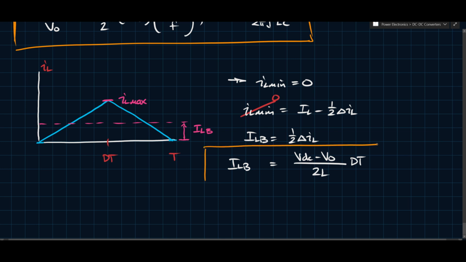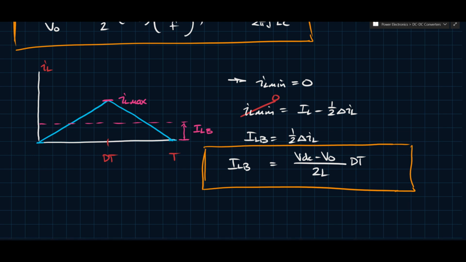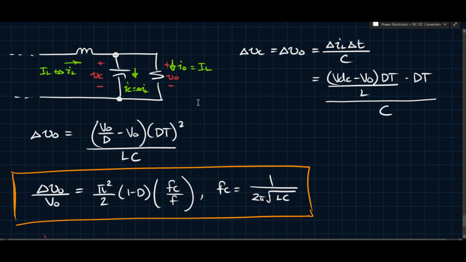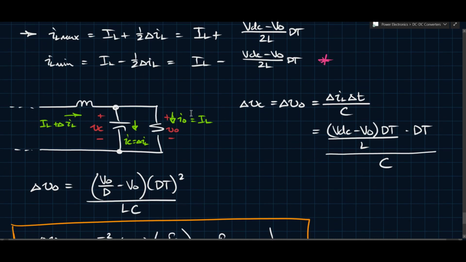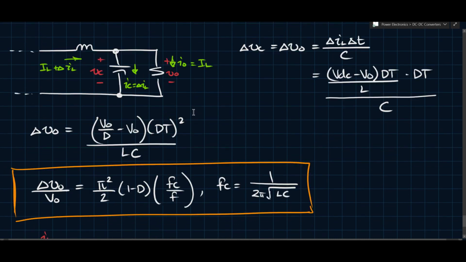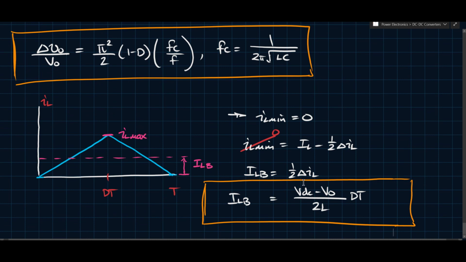Now in the case of the buck converter, we know that the average value of IL is equal to the average value of IO. That means ILB and IOB are the exact same.